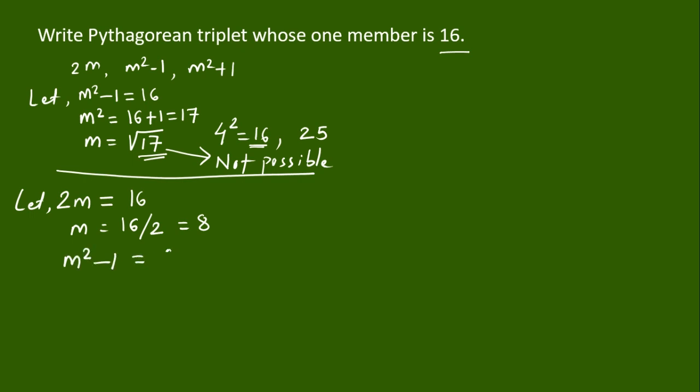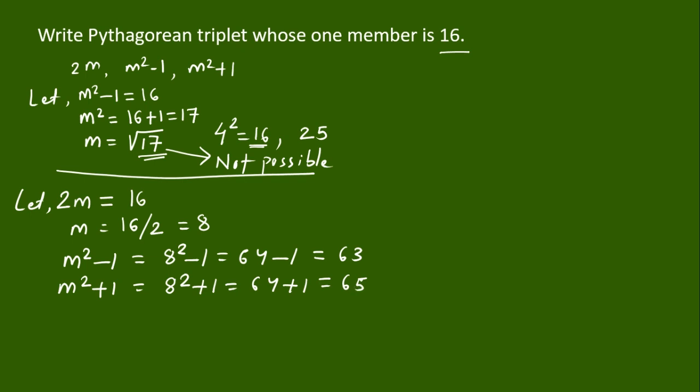That will be equal to 8 square minus 1. So 8 square is 64, minus 1, that is equal to 63. Now the other number, m square plus 1, is equal to 8 square plus 1. Again it is 64 plus 1 equals 65.